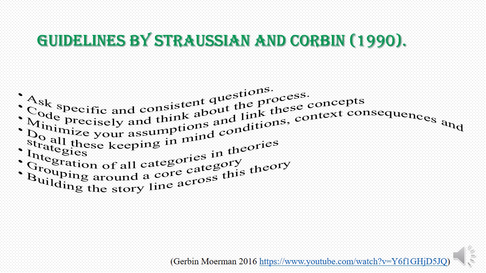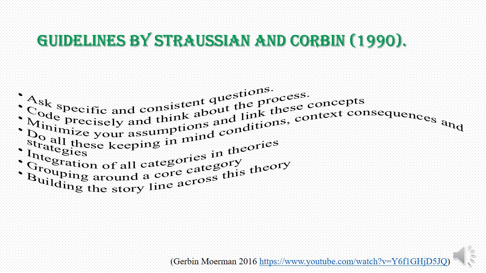Do all this keeping in mind condition, context, consequences and strategies. While you are thinking on these processes and concepts, you have to see what the conditions are, what is the context in which certain things were said, and what would be the consequences. Integration of all categories in theories, grouping around a core category, and ultimately you build the storyline across this particular theory.